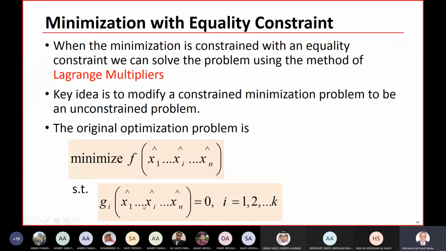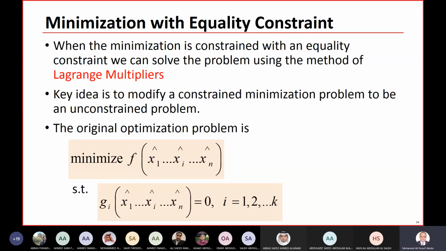This constraint must satisfy this function equal to 0. So this is the optimization problem with equality constraints. How to handle these constraints in order to solve this problem?